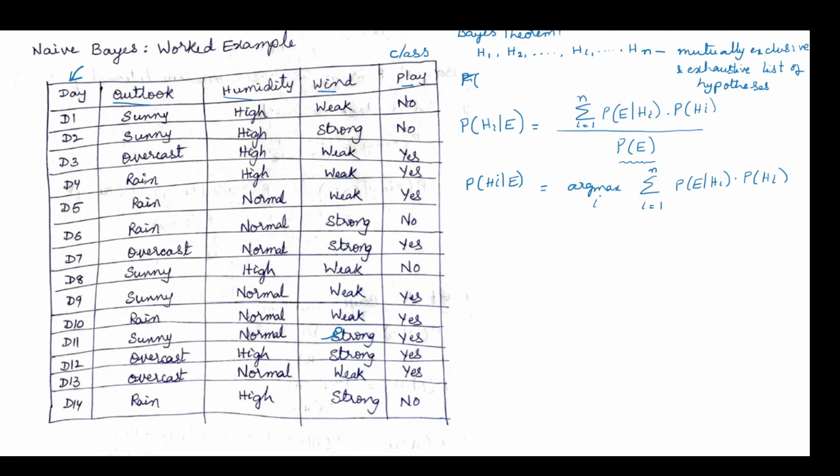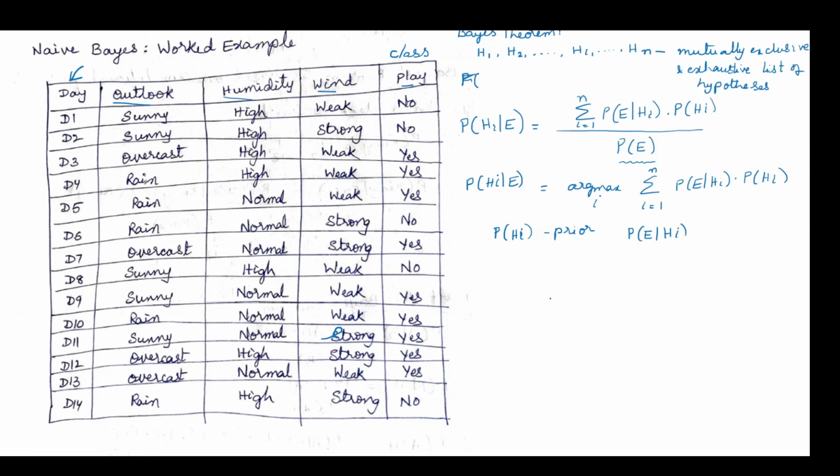Now, if we were to construct a classifier, we are supposed to evaluate P of Hi, which are the priors or the prior probability, and the likelihoods P of E given Hi's.